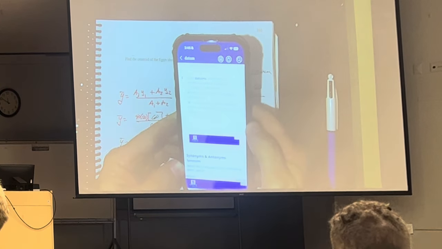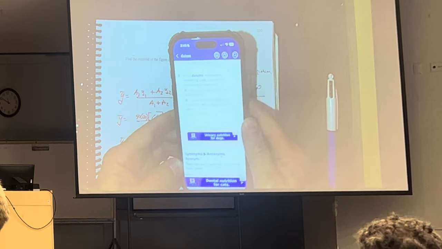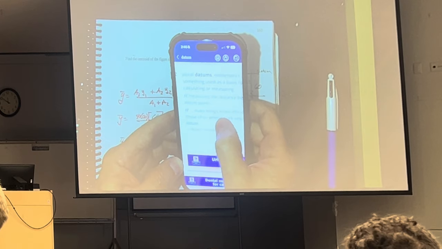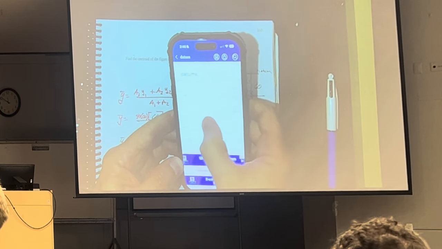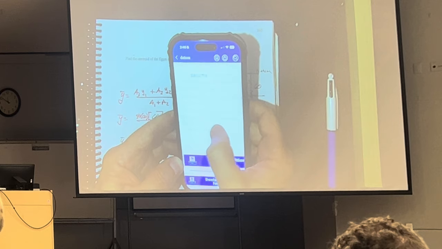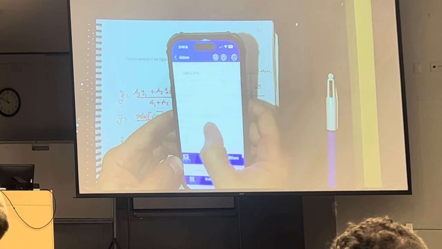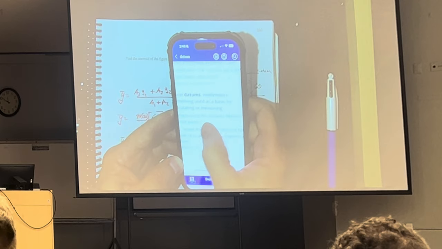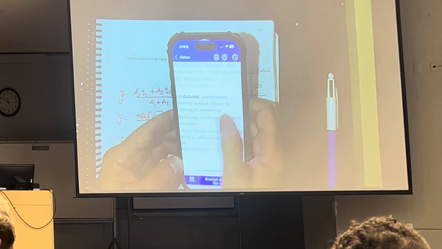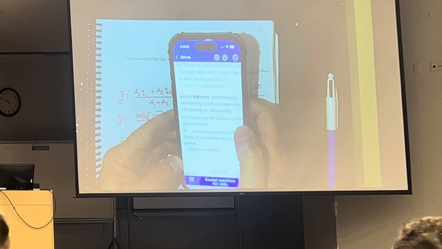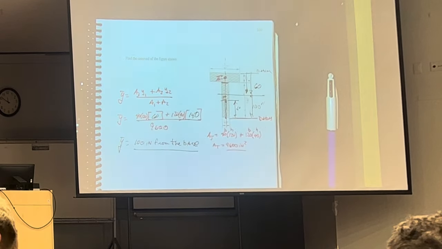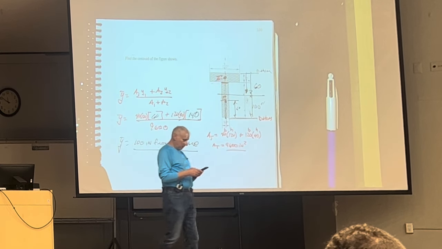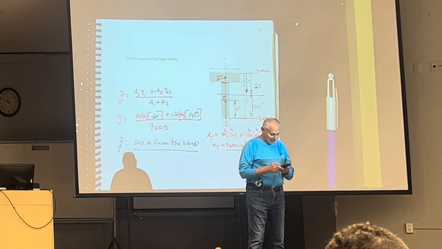So, according to Webster, a datum is something used as a basis for calculating or measuring. You can see it is a reference point. And what I like about this is it gives me a word of the day.